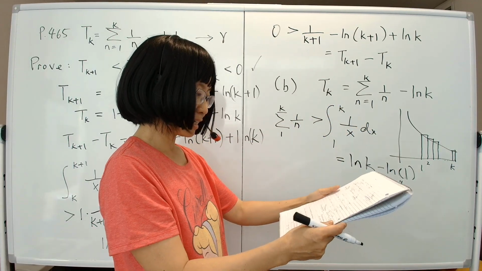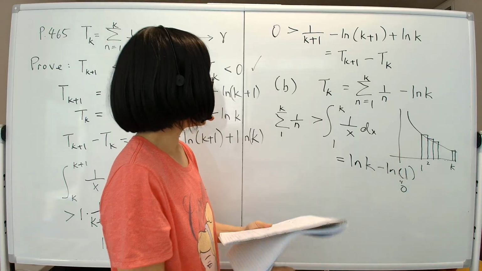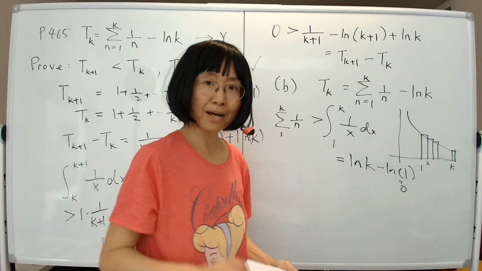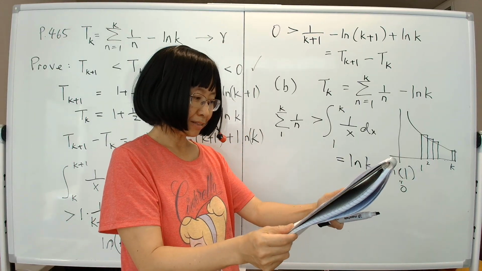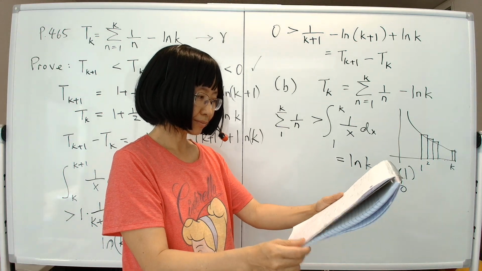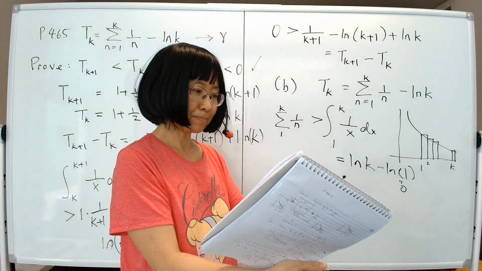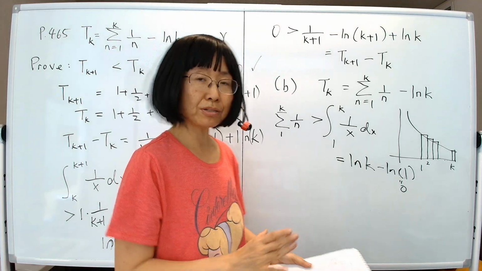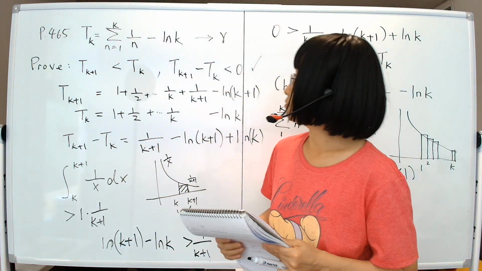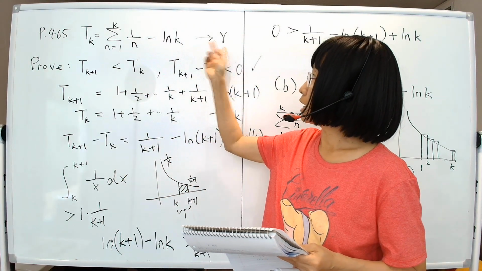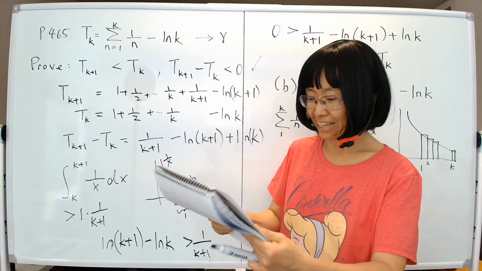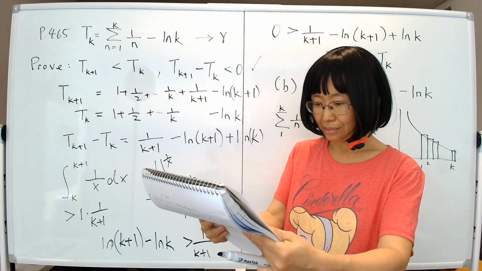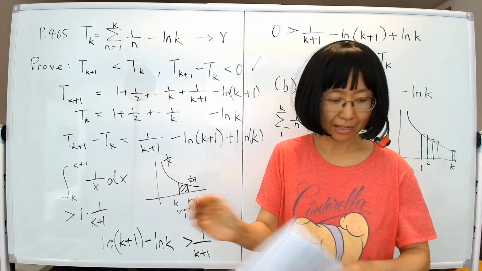So that's the second argument, that TK is bounded below by 0. Now that we finished A and B, we basically have it made, which means that the sequence converges to some number, and we will call it gamma. The next part is we need to figure out what gamma is.